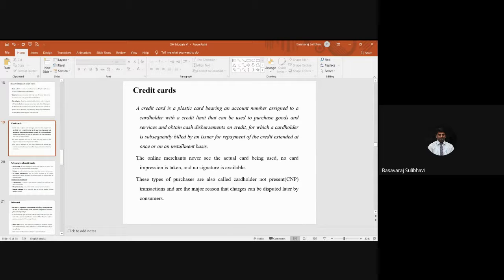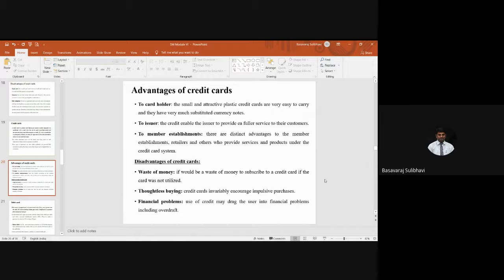The more problems or disputes happen when those people go for paying the amount which they have taken in the form of credit from the issuer bank. At that time a dispute happens: they say they have not used it, and bankers say the amount has already been taken as credit using the card. So this is one big problem with credit cards.